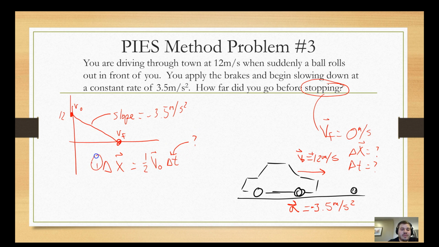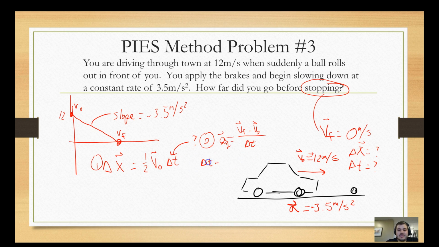When you don't know one of these variables, what you always want to remember is you go to the acceleration equation, which is v final minus v initial over the change in time. That's the average acceleration. So what we want to do is solve for the thing we need, which is time. And that's what we want to get rid of, right?